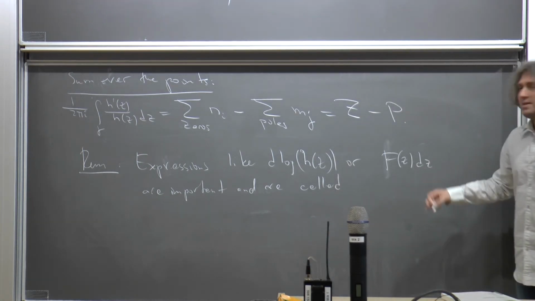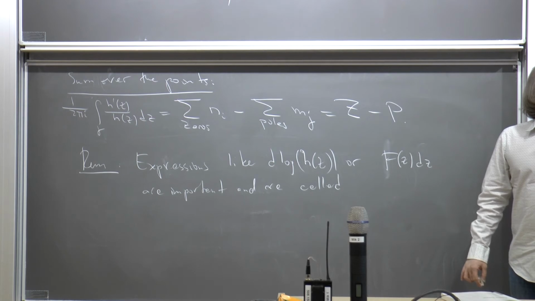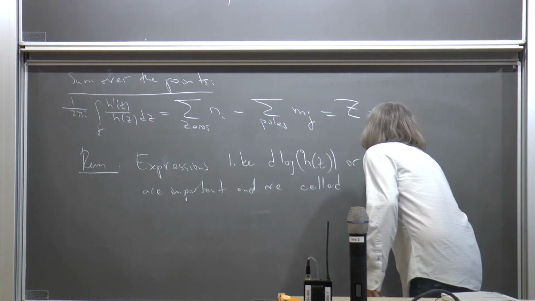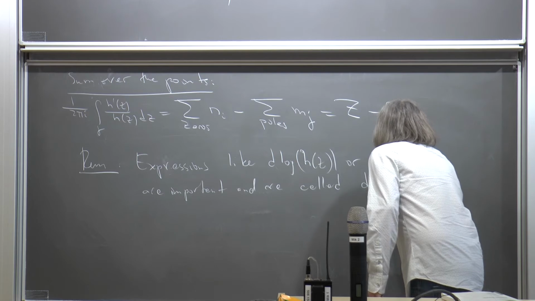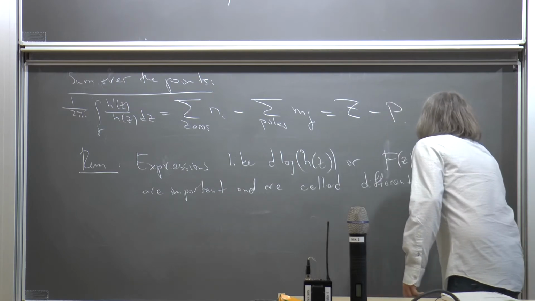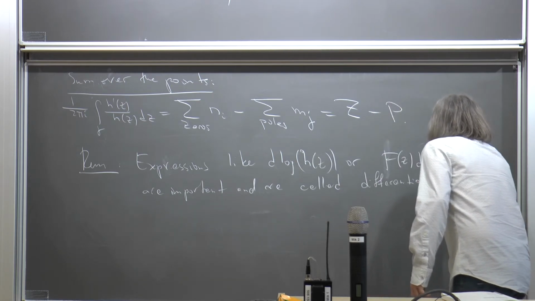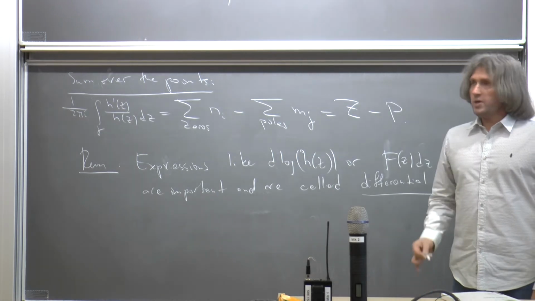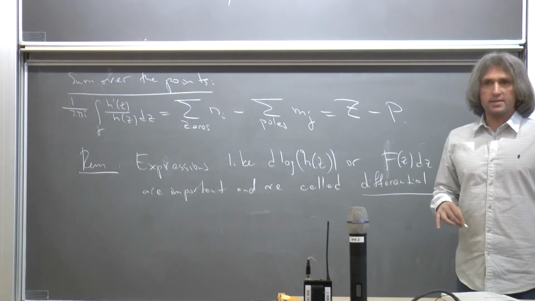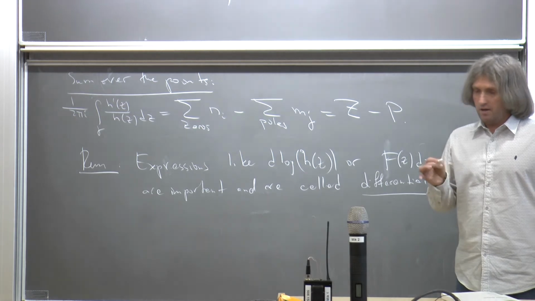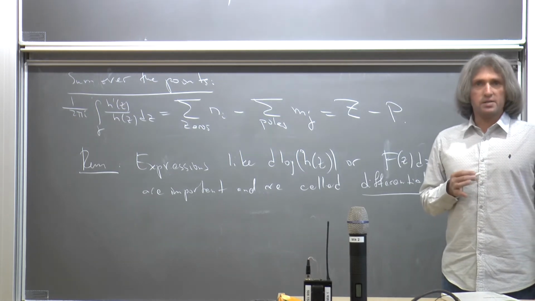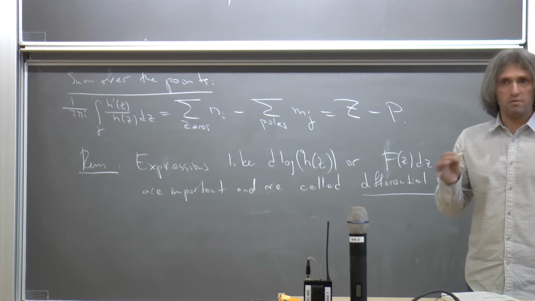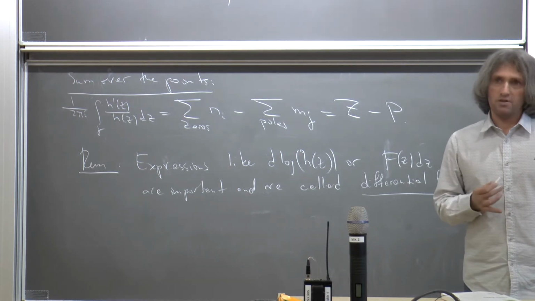When there's dz in the end. They're called differential forms. So in a way, when we integrate over a path something which looks like a function times dz, we're integrating a differential form. So you don't integrate functions over paths, you integrate differential forms.